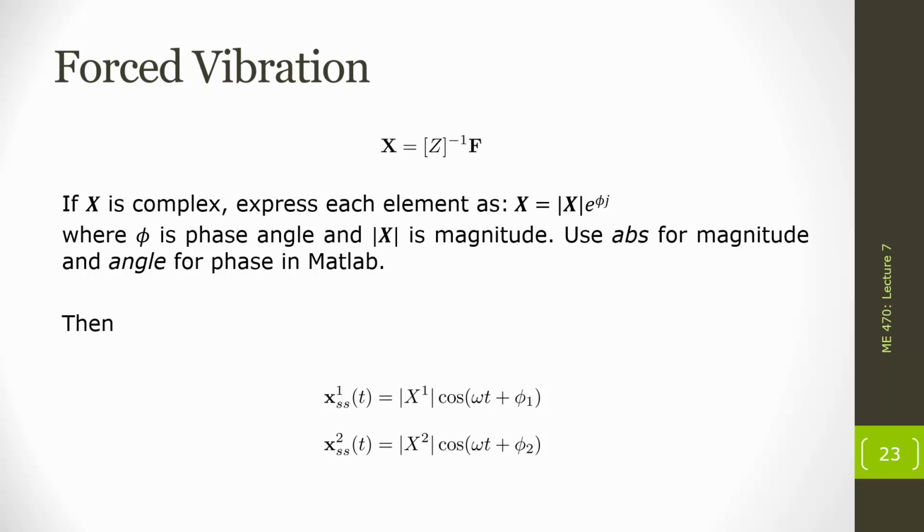For this very limited case, the input on all of our degrees of freedom was that cosine omega t with some amplitude to it, f, and now our output we see has a different amplitude, x1 or x2, and a different phase, phi 1 and phi 2. And once again, this is only telling us about the steady state behavior of our degrees of freedom. We are not looking right now at the transient behavior.